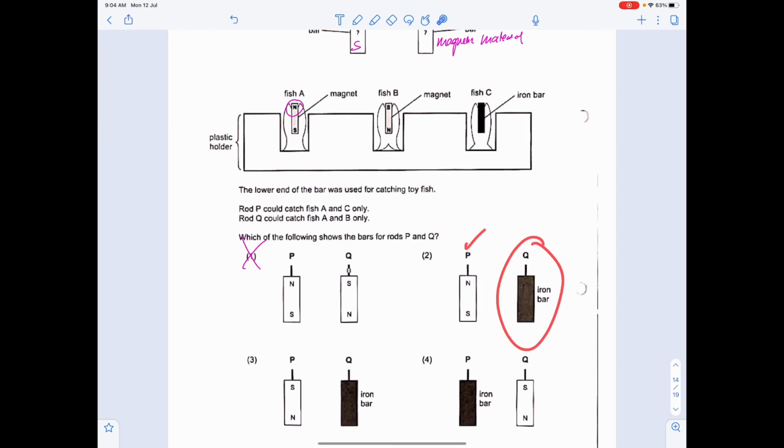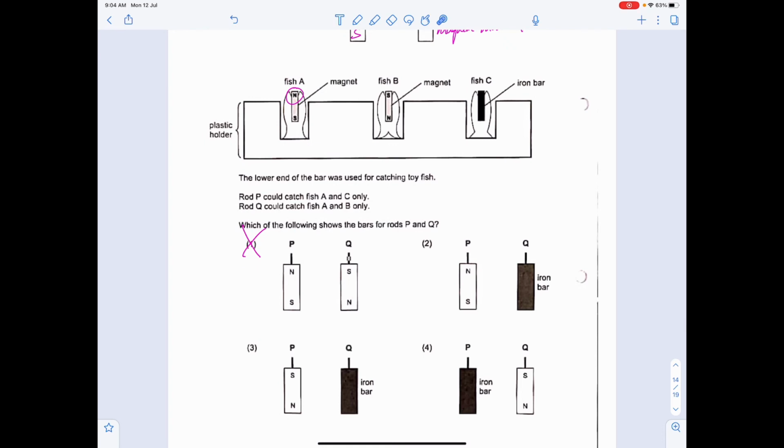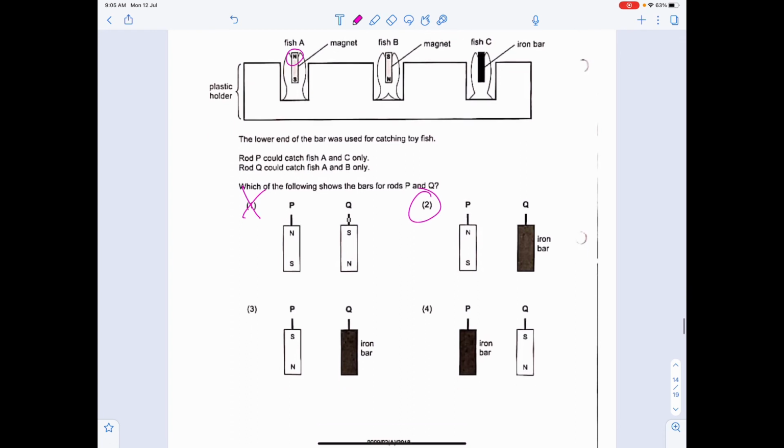Q is an iron bar which can attract both B and A. No issues. So this is also correct. So my answer should be 2. Once again, you should also go down and check the rest to make sure that they don't match, in order to double confirm. But for time's sake, I'm telling you that this is the correct one based on what I'm showing you.